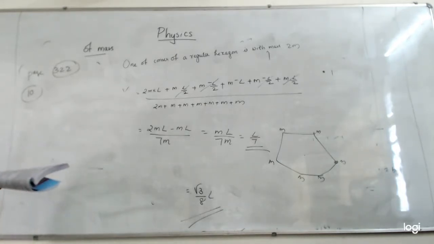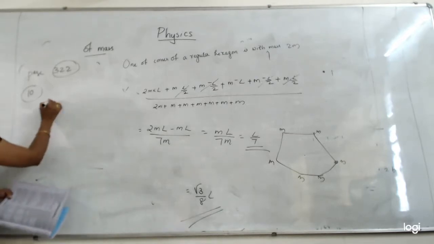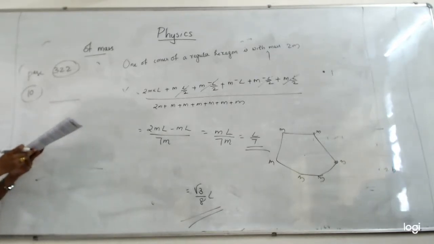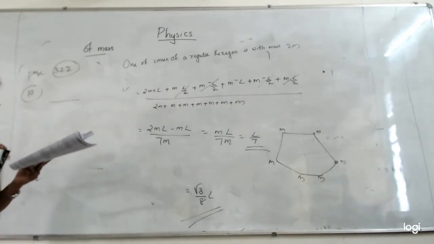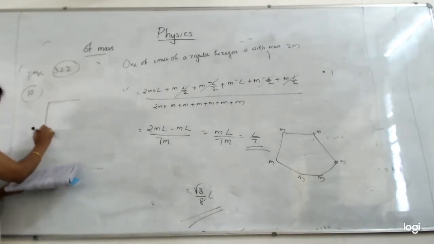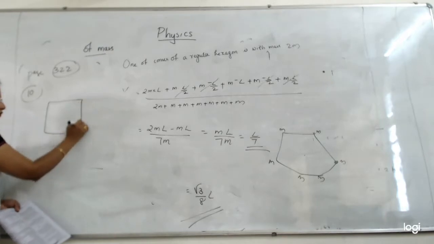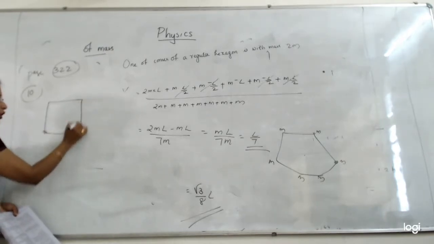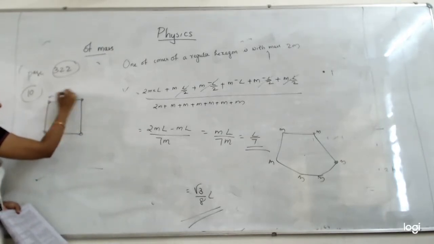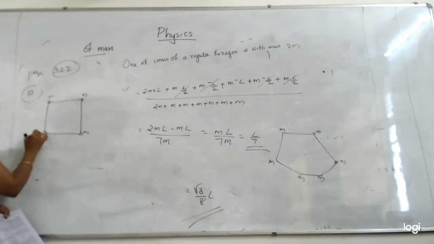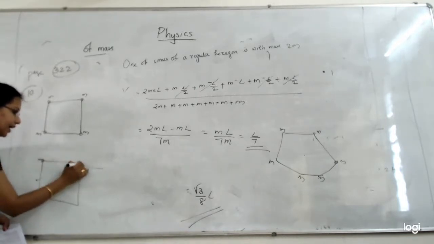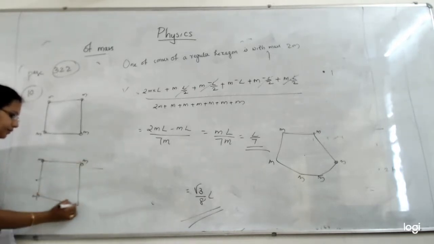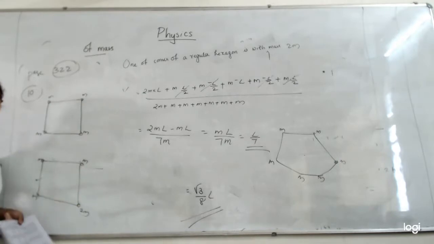The mass of the particle at the end of one side is double. So in this case, what is happening? In the first case, all the corners are situated with the mass m. In the second case, they are taking one as double. So instead of m, m and this m, I will take this 2m.